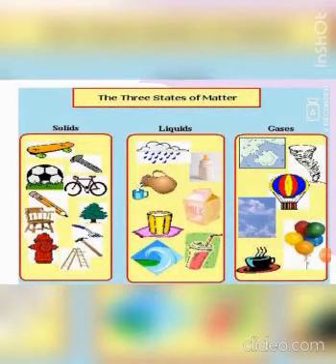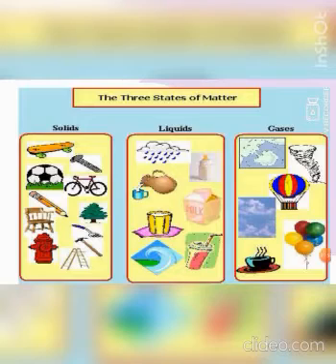Generally there are three states of matter, as I already told you: solid, liquid and gases. Here you can see a few examples of solids: skating board, nail, cycle, bicycle, ball, pencil, chair, tree. Everything like this is said to be in solid form.